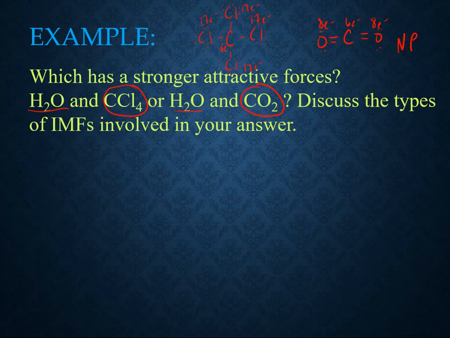So I would declare that the water and the carbon tetrachloride happens to be the stronger force because the London dispersion forces created in the induced dipole of the carbon tetrachloride are going to be much stronger than the induced dipole forces of the carbon dioxide due to the massive size of the cloud.